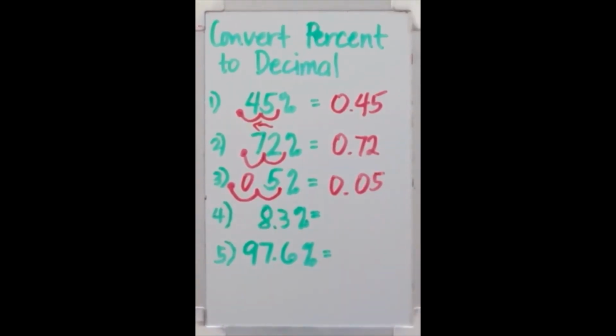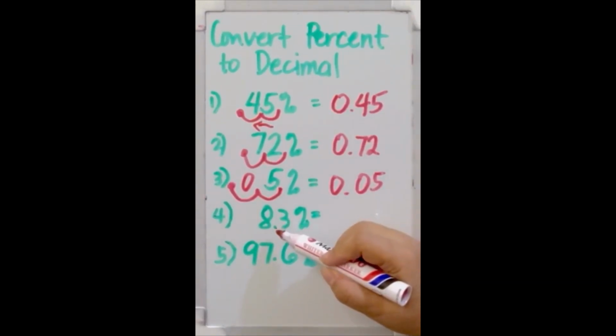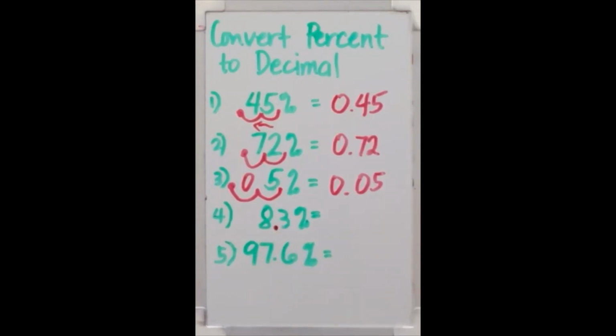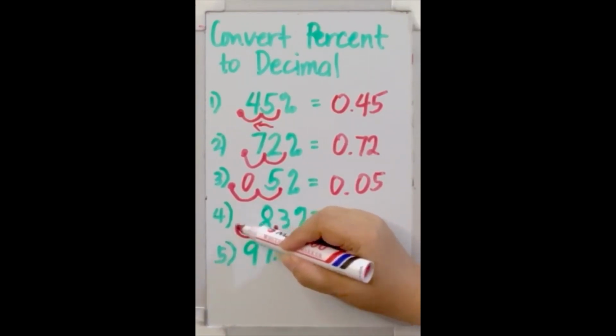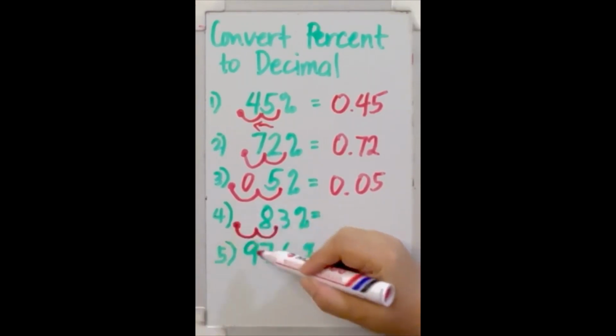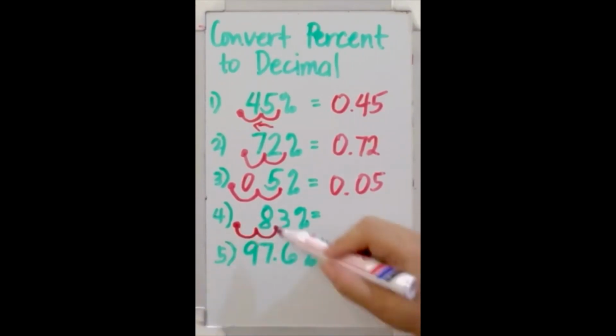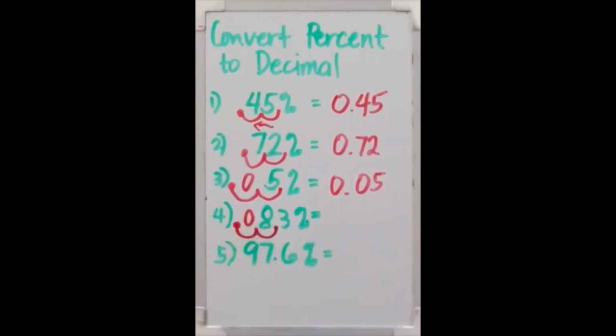Example 4 is 8.3%. The point is seen between 8 and 3. So this point is between the 2 numbers. So we will be moving this point to the left 2 places. 1, 2. So again, we have another empty curve which indicates that this is 0. So 8.3% is equal to 0.083.